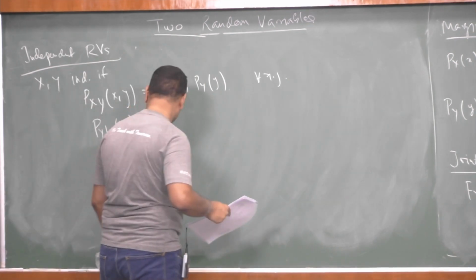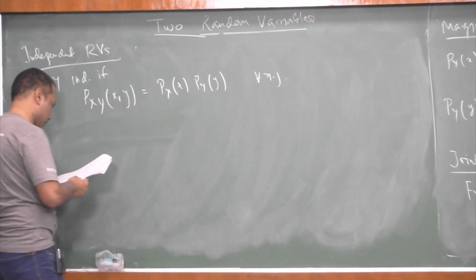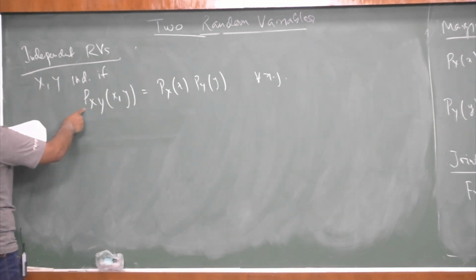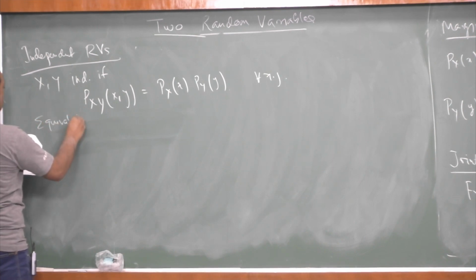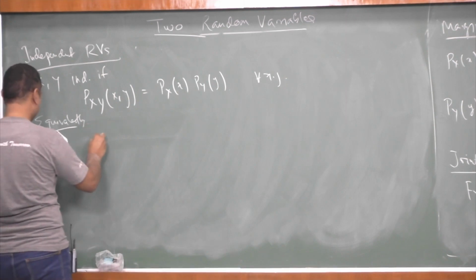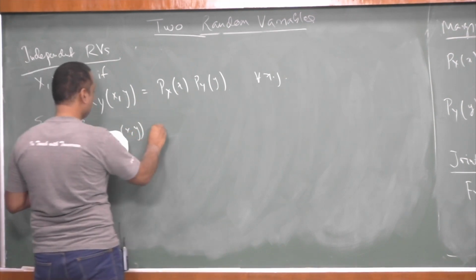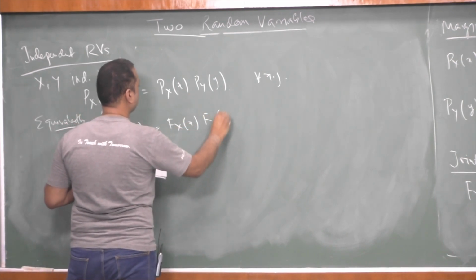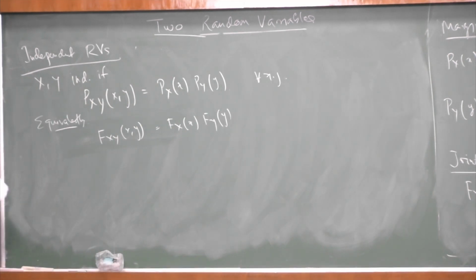We can write this in terms of the CDF also. So this is using the PMF, and equivalently, in terms of CDF, the CDF also splits and becomes the product of the marginal CDFs. This is true for all x and y.